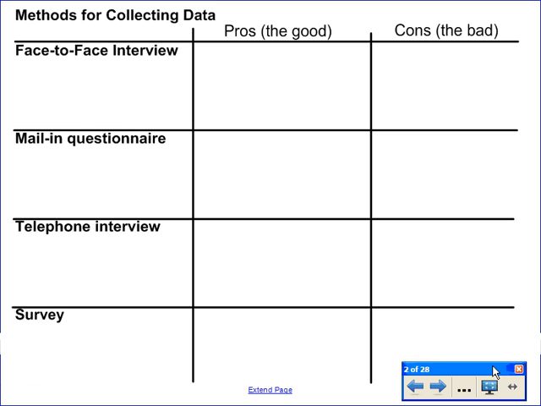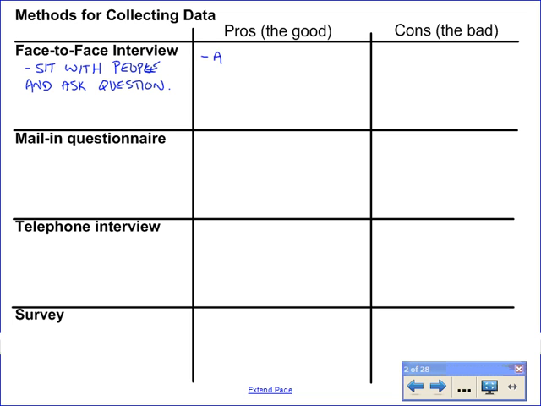So face-to-face interview. This is when you sit with people and ask questions. So you're actually in a one-on-one situation where you're collecting data from a person by sitting and talking. What's good about this?